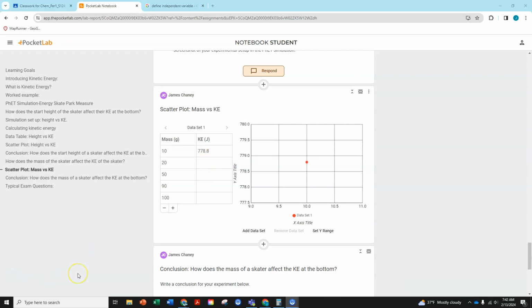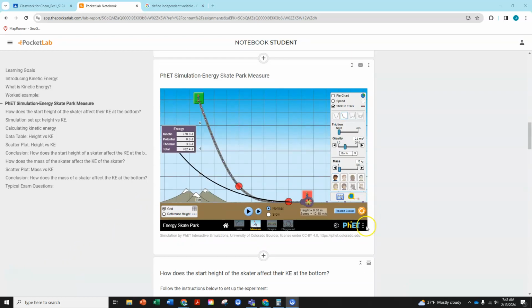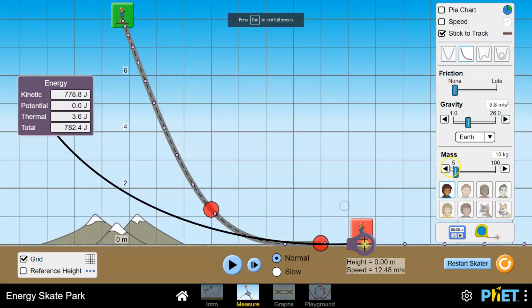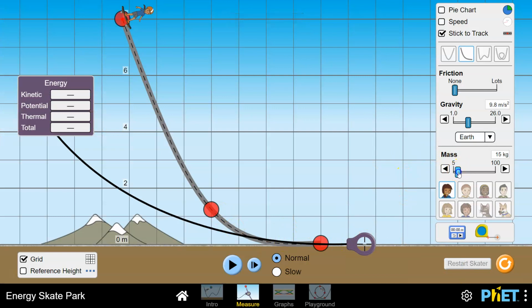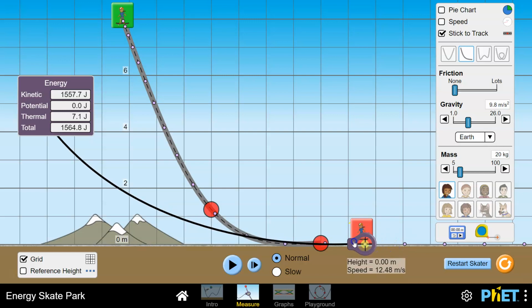We're going to run that trial for the next masses as well. So the next one was 20. Start our skater, we'll change this to 20 kilograms, and we'll run, pause, and measure at the very bottom.